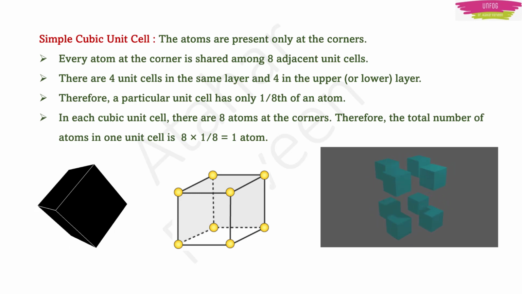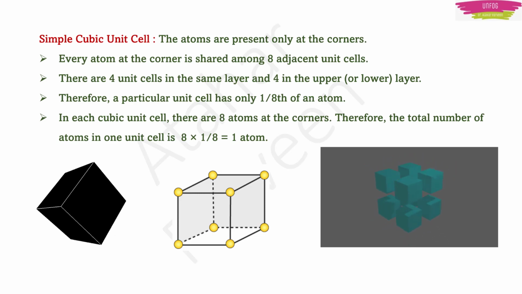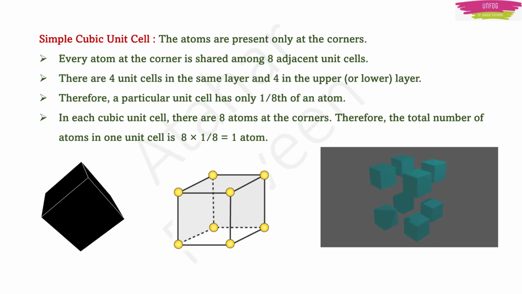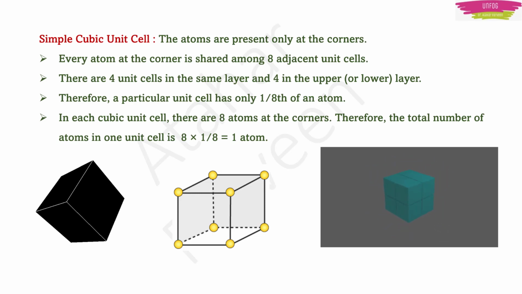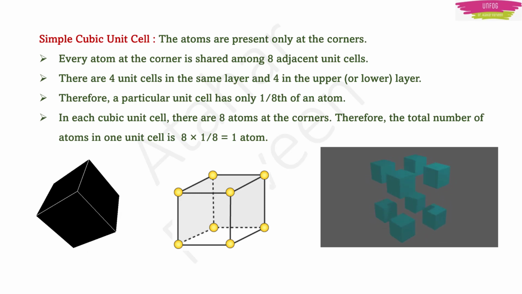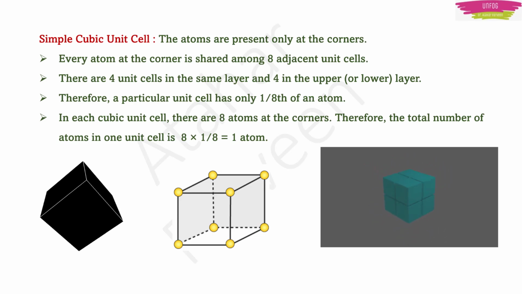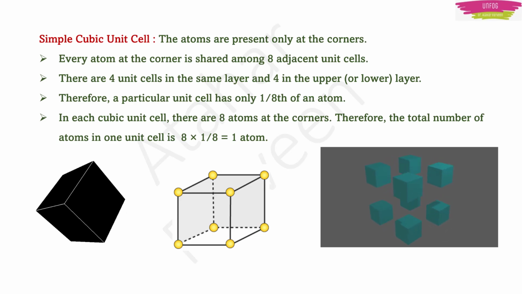You can see the 3D figure here and try to imagine. There are 4 unit cells in the same layer and there are 4 in the upper or lower layer. Basically there are 8 unit cells, right? 4 up, 4 down. So therefore a particular unit cell will have only 1/8 of each atom. Correct? 1/8 of each atom will belong to that unit cell.